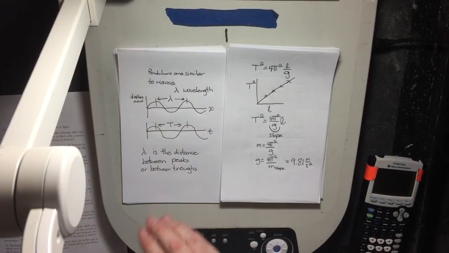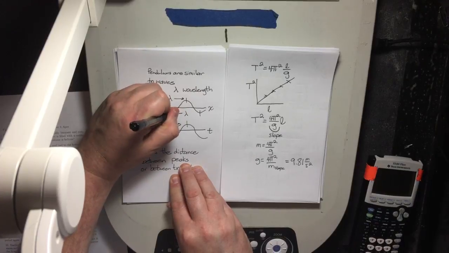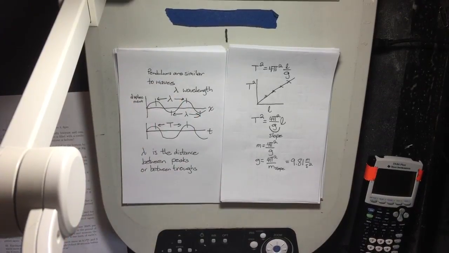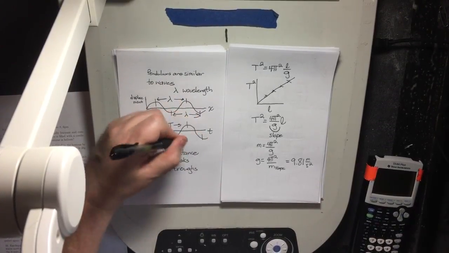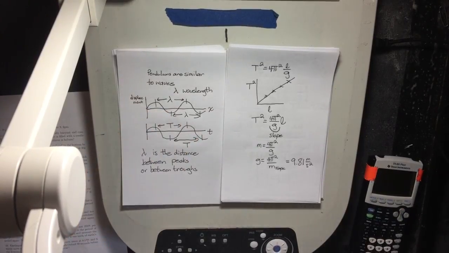Peaks are the high points, troughs are the low points, so that would be lambda as well. Period, it could be from peak to peak or trough to trough. That would be a period as well.